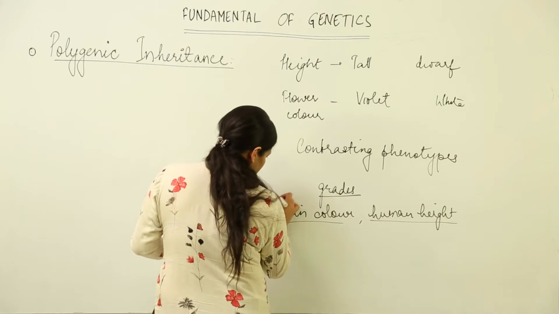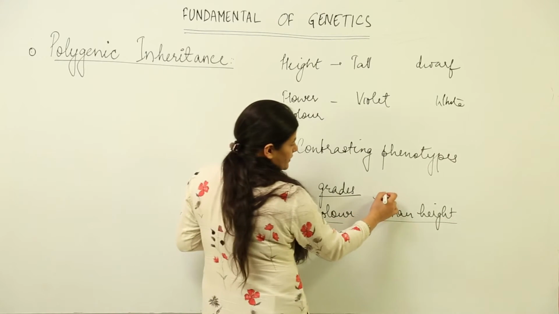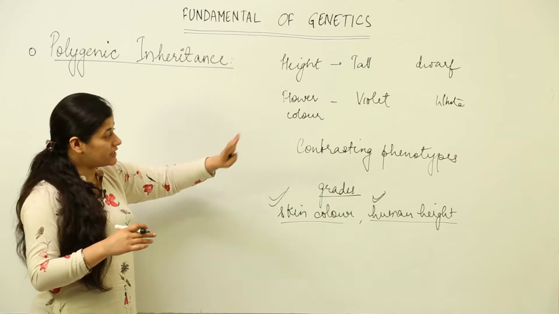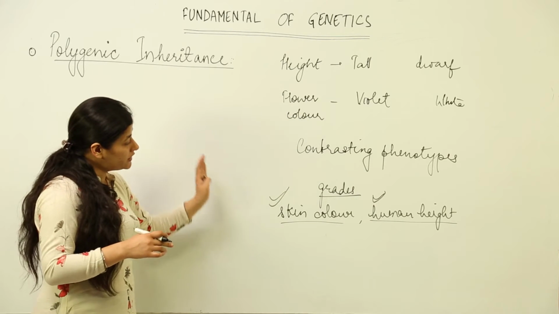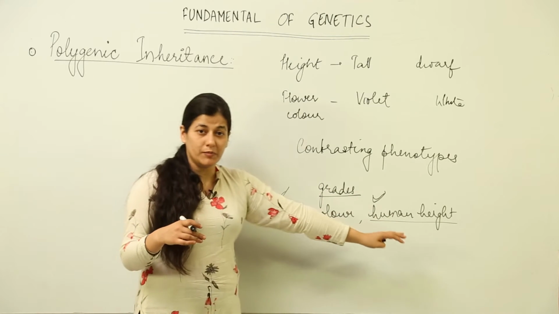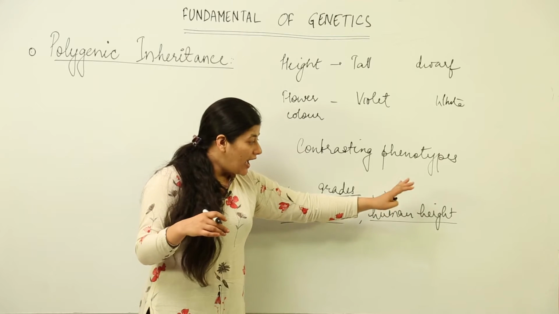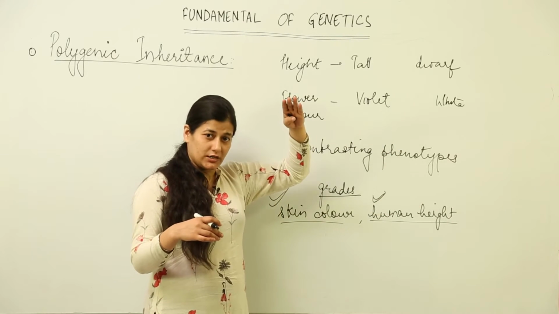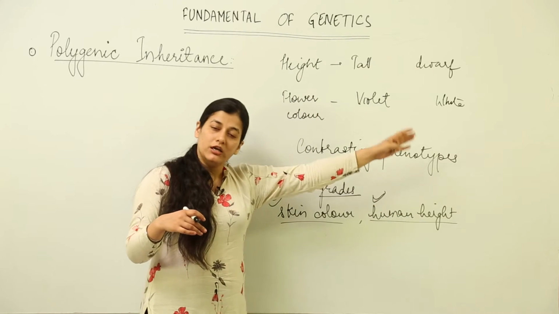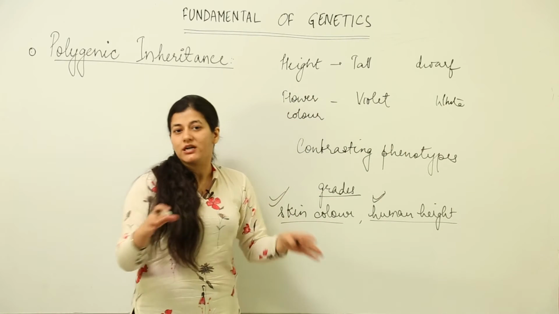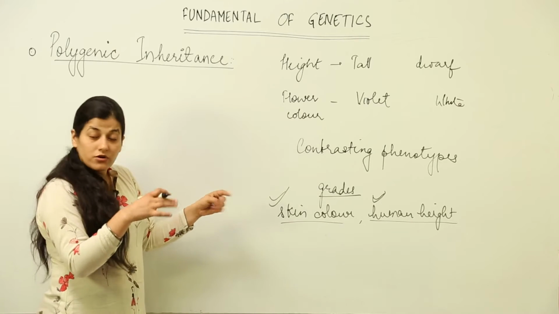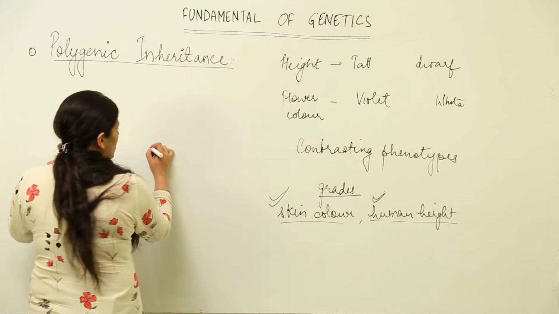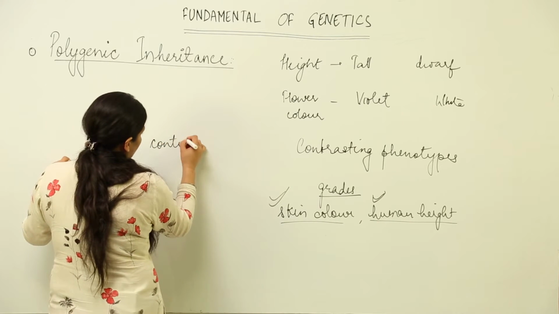Even in your house you are going to find these two examples showing grades of phenotypes, that the phenotype can occur in grades instead of showing contrast, that either someone would be completely fair or completely dark in skin color, or completely tall, way beyond 6 feet, and the other one lower than 3 feet. It does not occur in certain cases, in fact in all cases of human height. It shows a continuous variation.